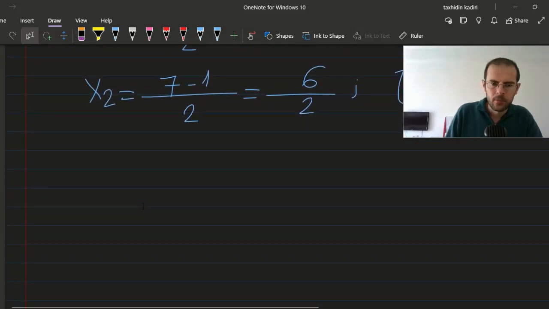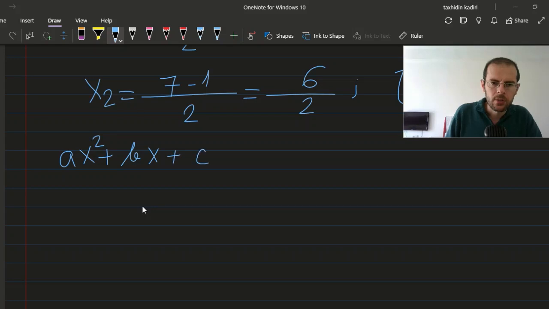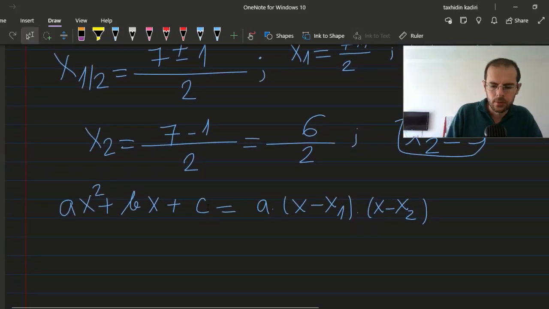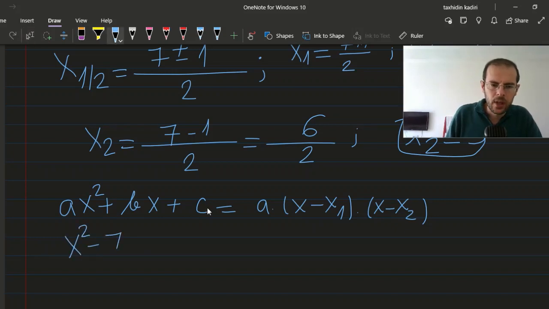Now, using this formula, here we will have x squared minus 7x plus 12. We have said this is the a value.